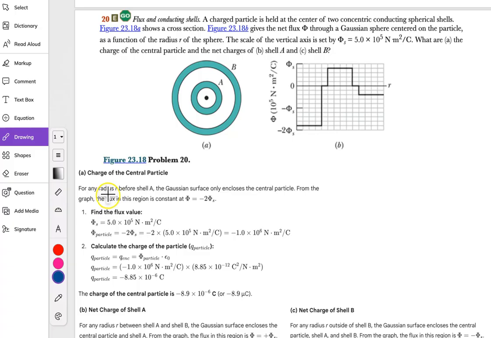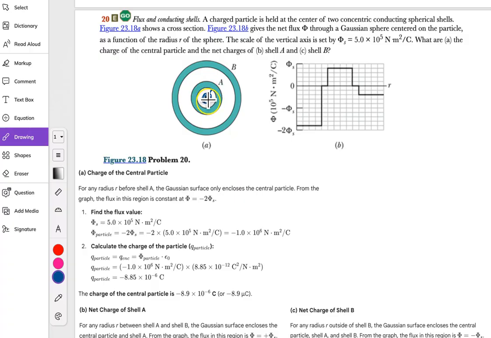So for any radius r before shell A, that Gaussian surface only encloses a central particle. So for any radius before shell A, so that's any radius here, if that's our Gaussian surface, because remember this is real, that's real, so the blue here is just a fake thing that we call the Gaussian surface.